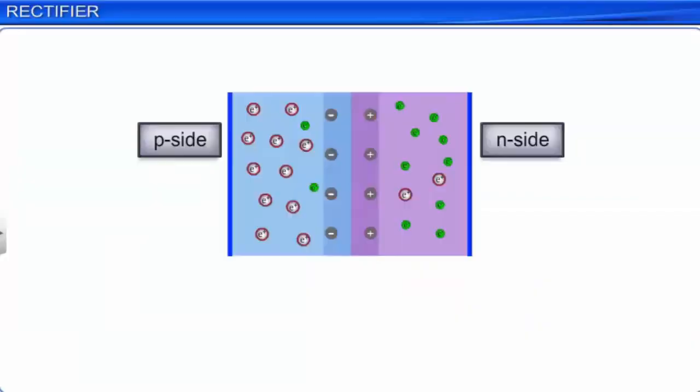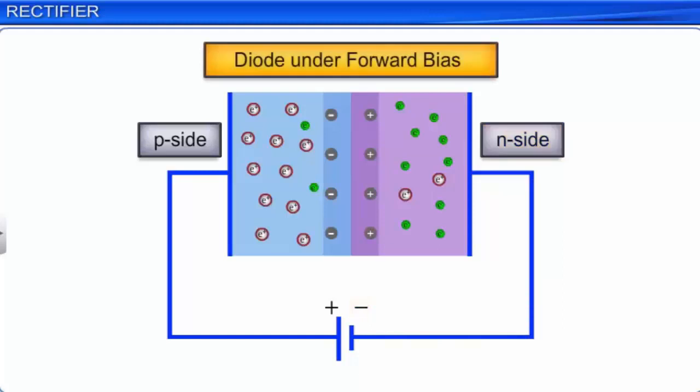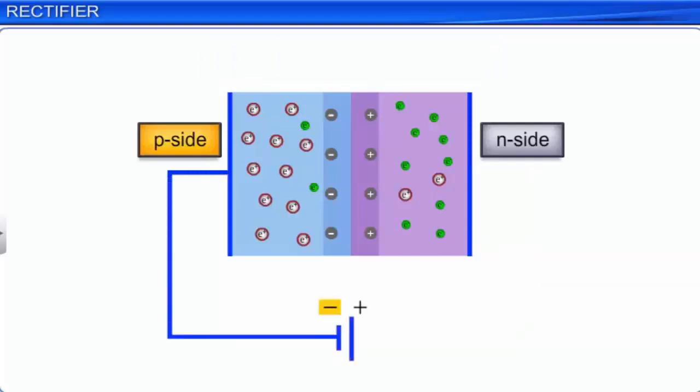You have already learned that when the P side of a PN junction diode is connected to the positive terminal of a battery and the N side is connected to its negative terminal, the diode is said to be forward biased. And when the P side is connected to the negative terminal and the N side is connected to the positive terminal, the diode is said to be reverse biased.